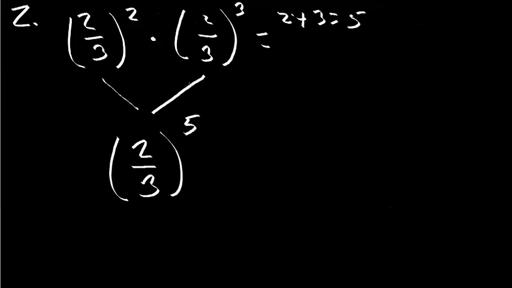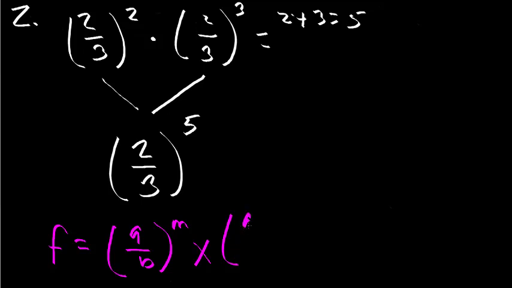And so remember, the formula is how you do it using variables. I'm just going to write F here to stand for the formula. The formula would be A over B, the fraction, with the power of, let's say, m, multiplied by A over B. Just remember that if it has the same variable for two numbers, that means those two numbers are the same.